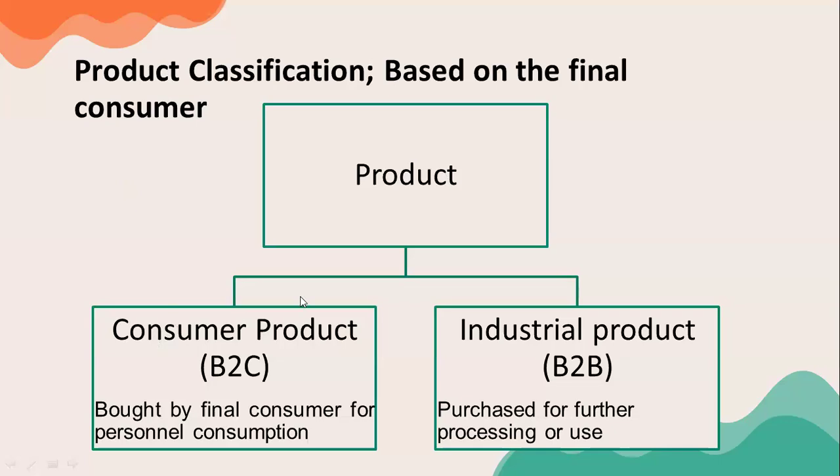So for an example, you as a person, you as a consumer, go to a restaurant and get a packet of rice to satisfy your hunger. So you purchase it for your personal consumption. At that time we call it a consumer product, B2C product, bought by the final consumer for personal consumption.